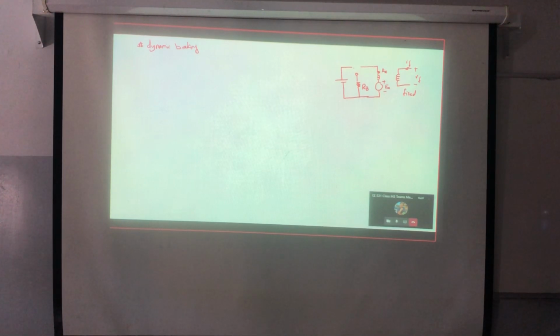And now the switch is going from, let's say, position 1 to position 2. So I'm disconnecting the supply, and I'm connecting a braking resistance. So RB is the braking resistance.